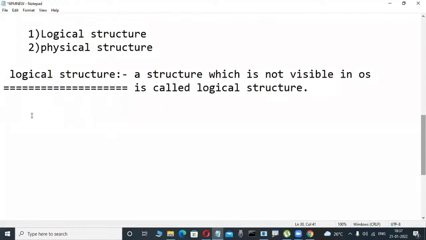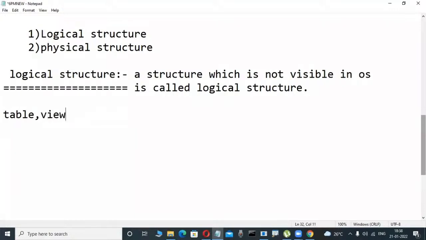But in this logical structure only, developers are working. Suppose I'm a PLSQL developer, you are a SQL developer, Java developers, .NET developers, Python developers, ETL developers. All these persons are working in a logical structure. That logical structure contains tables, in Oracle, SQL Server, MySQL also tables are there.